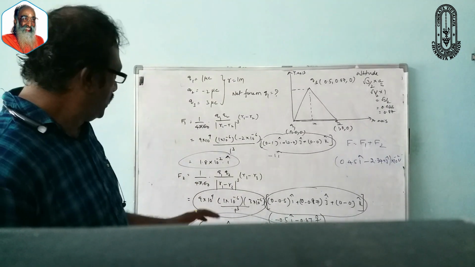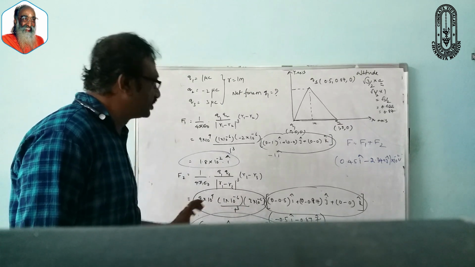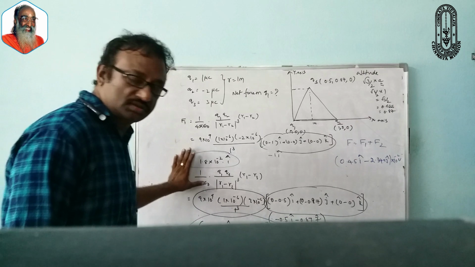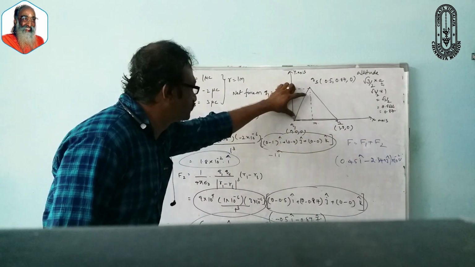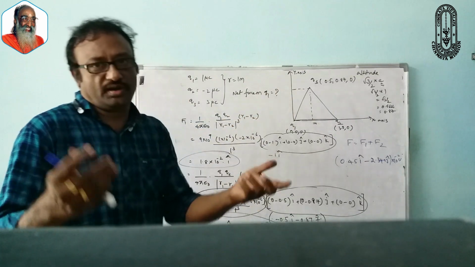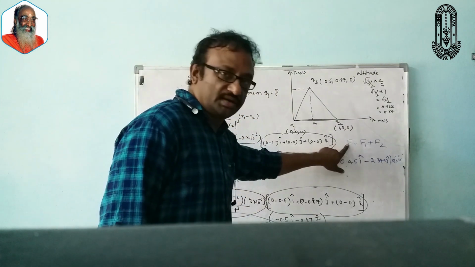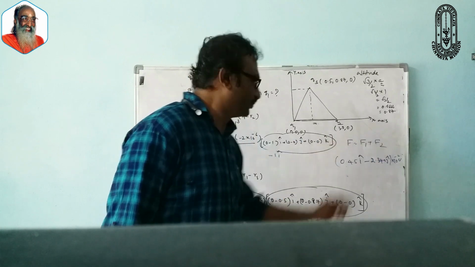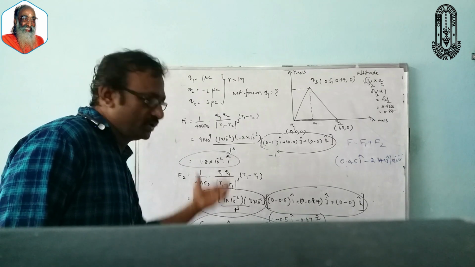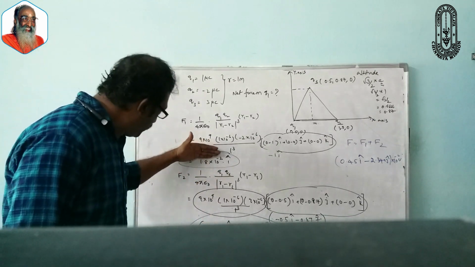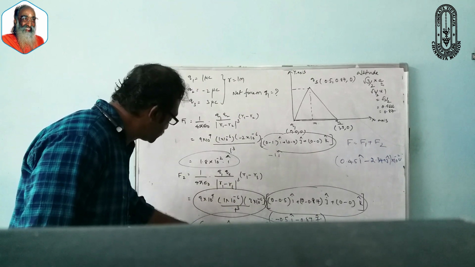Now we have calculated F1 and F2, the two vectors: F1 between Q1 and Q2, F2 between Q1 and Q3, and the remaining thing is to find the resultant, that is F net. It is nothing but F1 plus F2. Here this is in the vector form and this is in the vector form. Whatever is on the I, that means the x-axis, just add them.